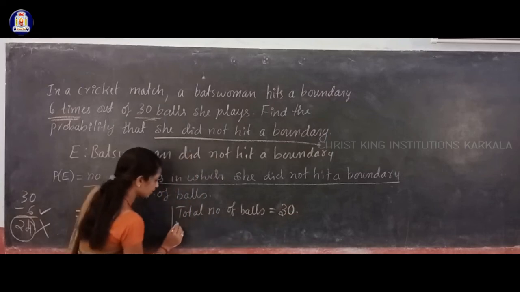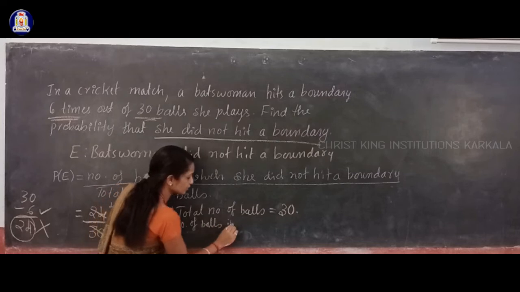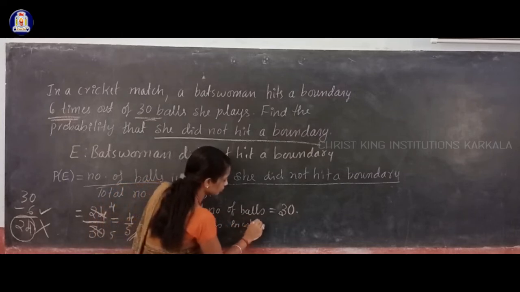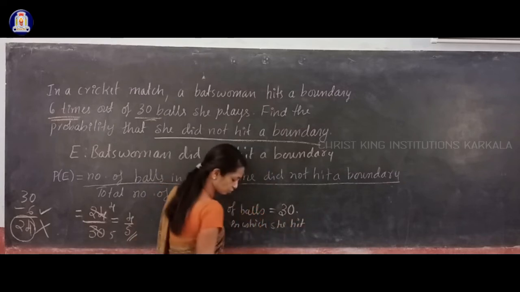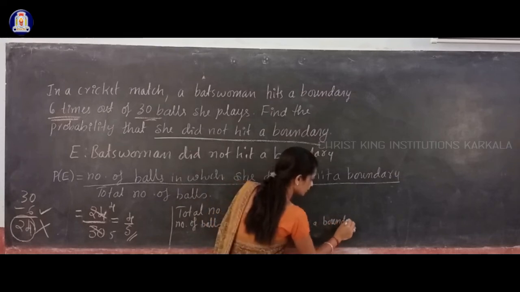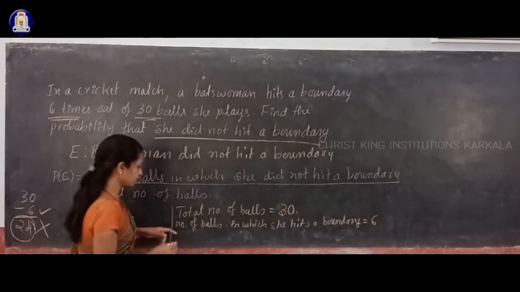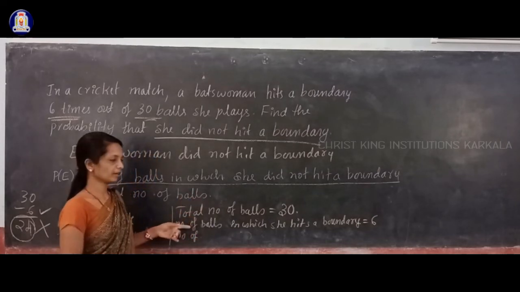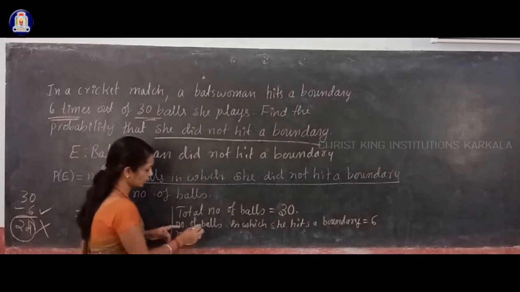And the number of balls in which the batswoman hits a boundary, that we are given in the question, that is 6. Using that we are finding the number of balls in which she is not hitting a boundary, means the remaining, 30 minus 6, that is 24.